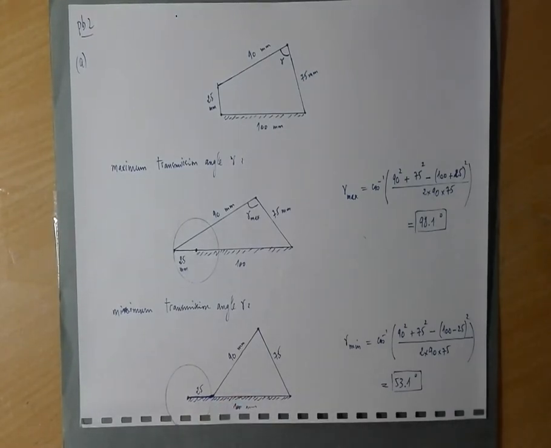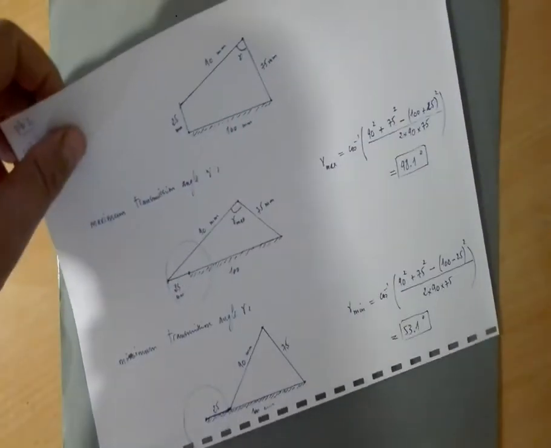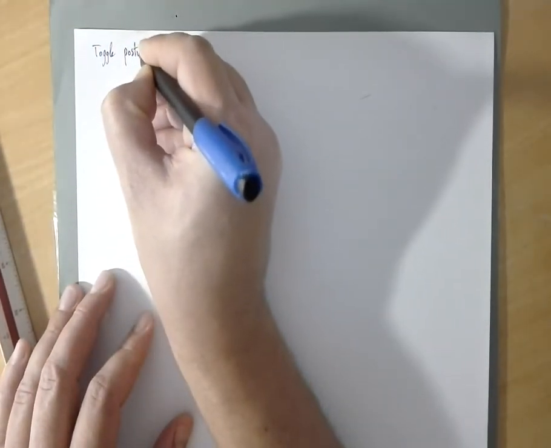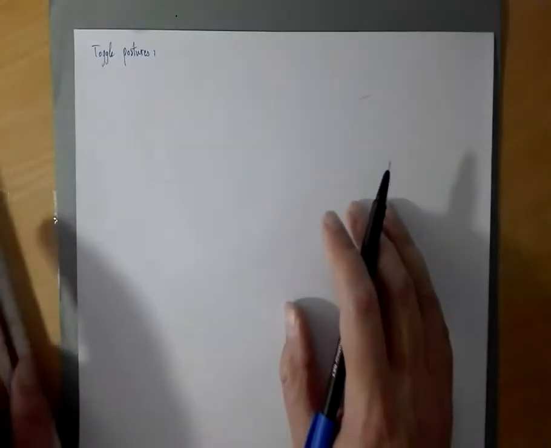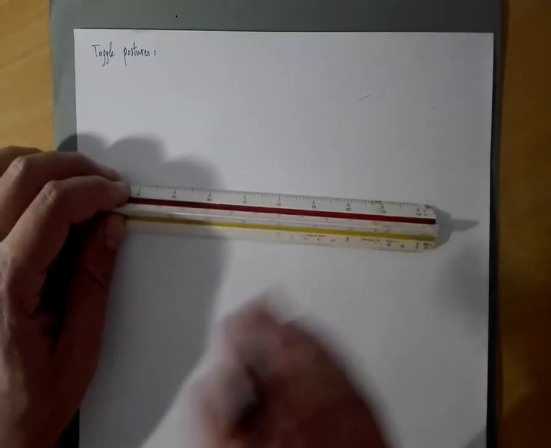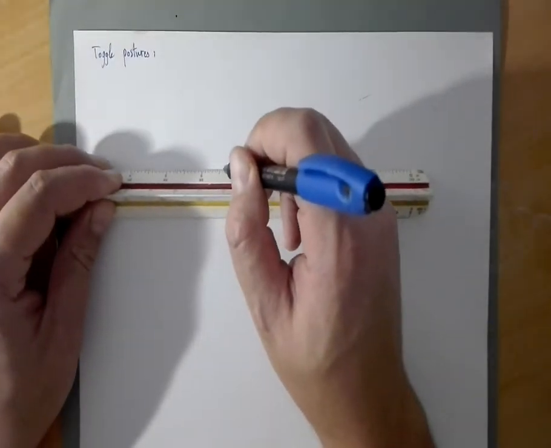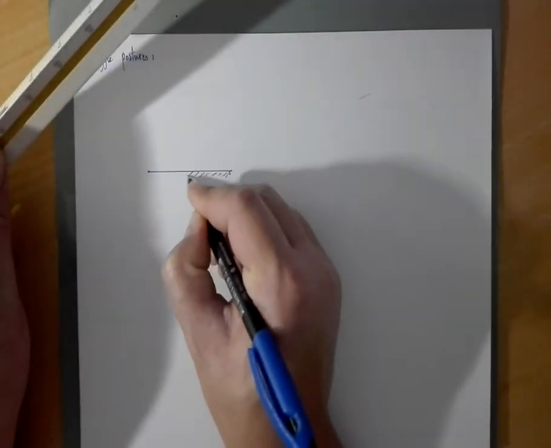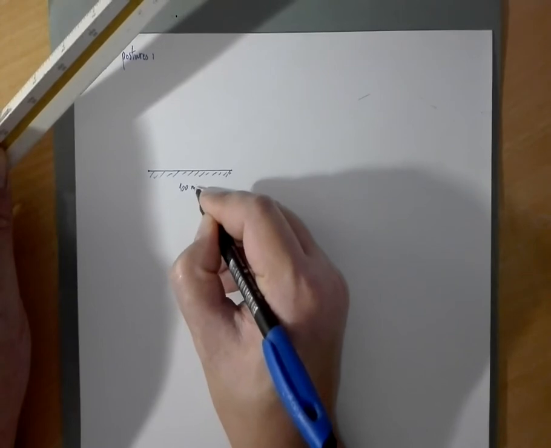Okay, so let's answer question B. Question B is to locate both toggle postures. What are toggle postures? Toggle postures, we have two. In both cases we have two postures, toggle postures. In both cases, this is the frame.